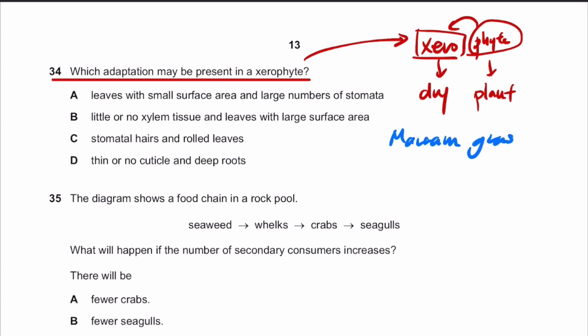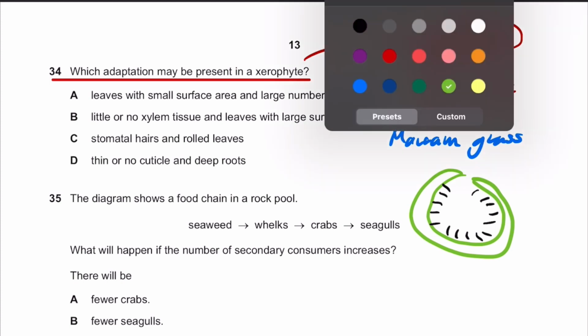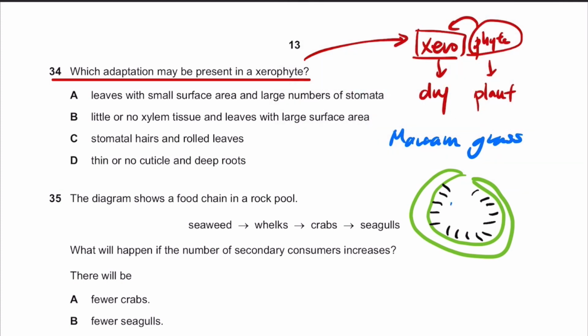Okay, marram grasses. They are plants that have rolled leaves. So the rolled leaves have hairs inside, and these hairs prevent the water vapor from going out of the leaf, so they stay inside the leaves.